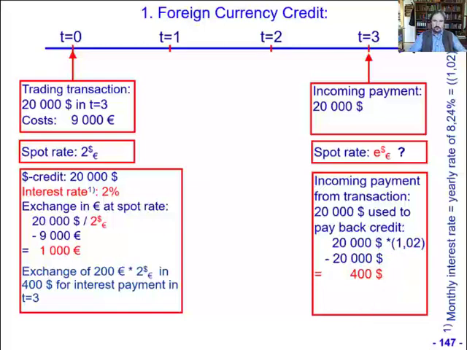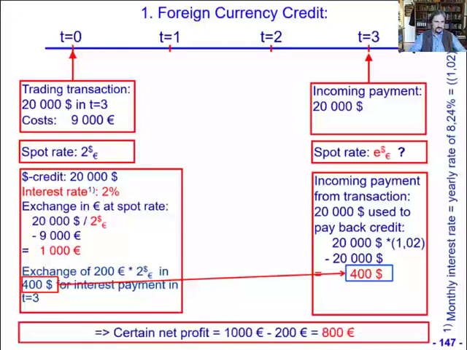So these $400 have to be subtracted from our gross profit equal to 10,000 euro. At the spot exchange rate of $2 per euro, we need to subtract 200 euro from our gross profit in order to receive the net profit from this commercial transaction. So the net profit would be 800 euro.